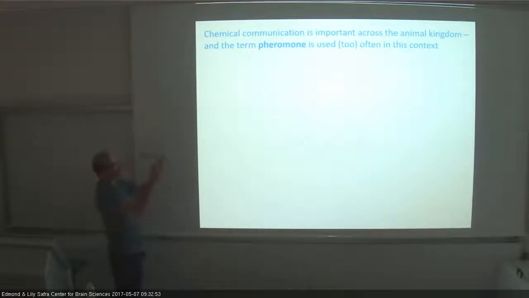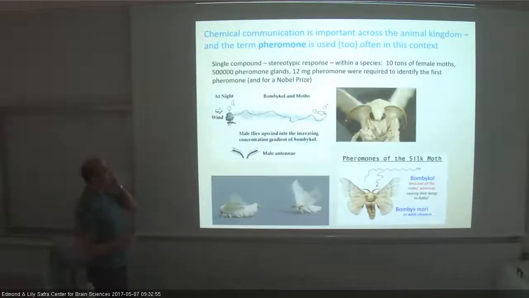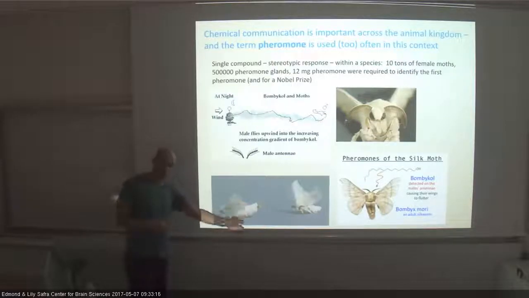So I don't want to get all the different possible interpretations of the word pheromone, but the classic one, the one that was conceived initially, is that it's some compound, a single molecule that acts within a species. One individual releases it, and another individual detects it, and it elicits some kind of response.